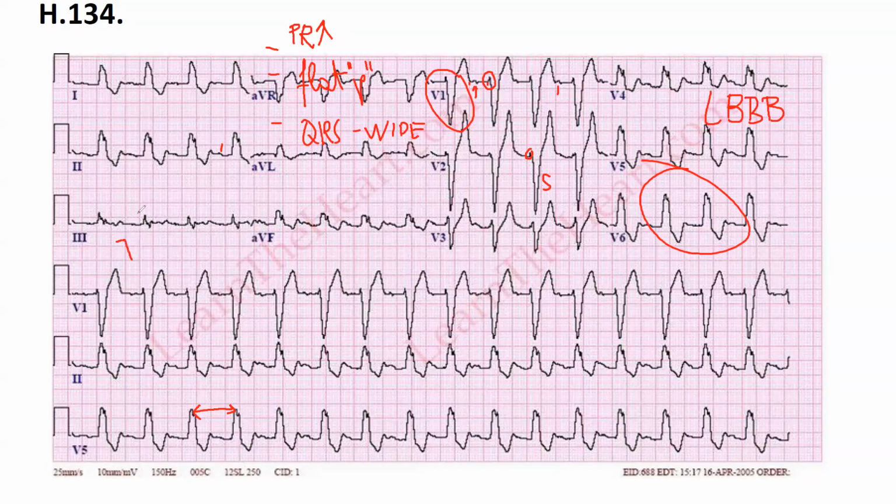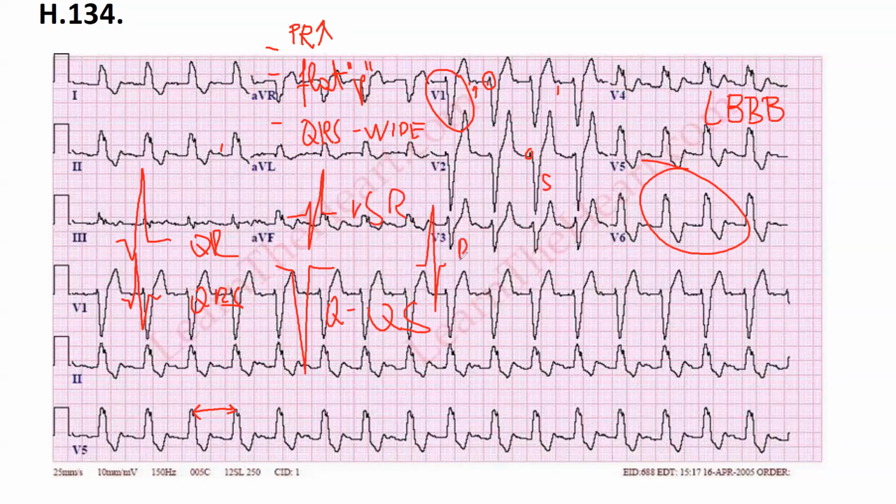So for example, here we have a QR, here a QRS, here only a Q or QS complex, here this is a famous RSR, and here this is an RS.